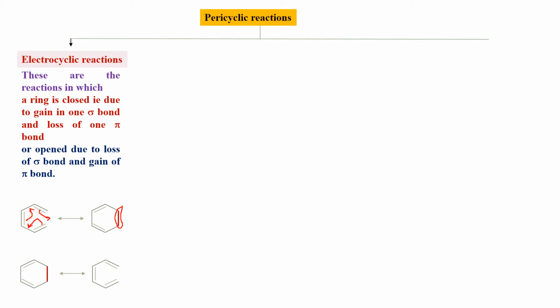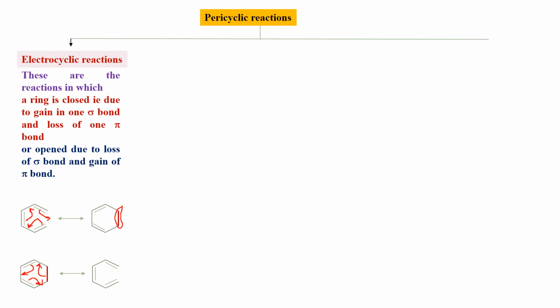This is the example. This sigma bond undergoes cleavage. How? This sigma bond is shifted between these two carbon atoms as a pi bond, and this bond will be shifted. Similarly, this bond will be shifted here.